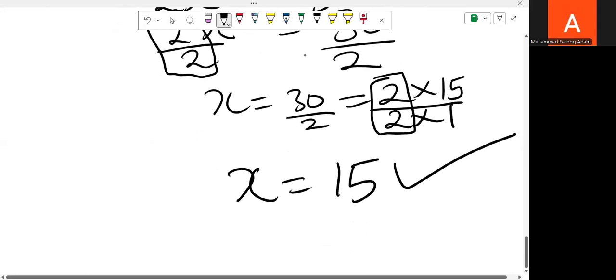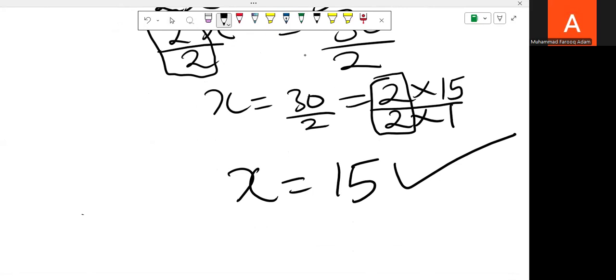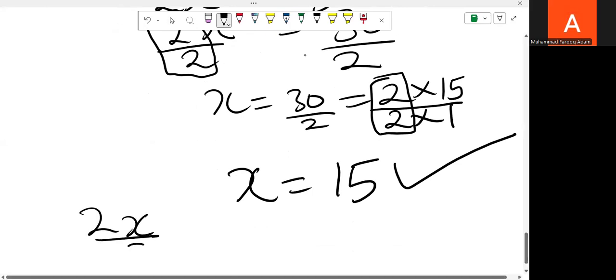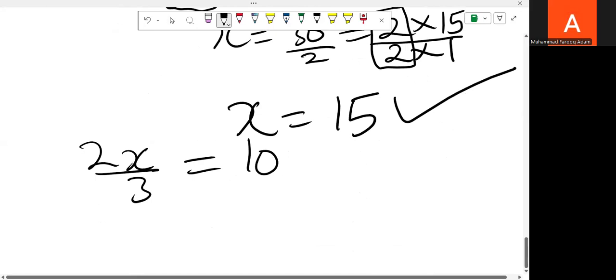Another question that relates to it. Let's solve this same question in another way. The question is 2x divided by 3 is equal to 10. One way we can do this is we multiply both sides by 1 over x.